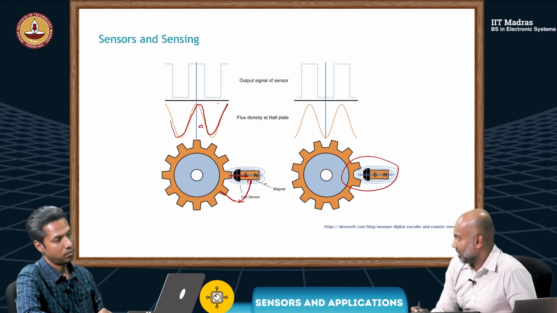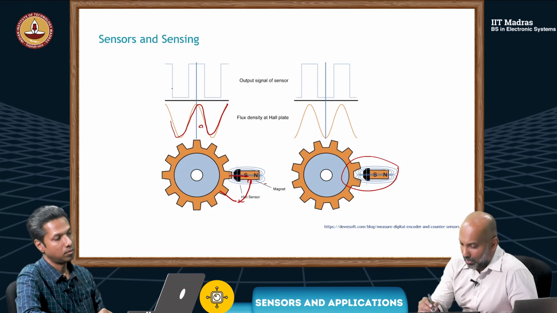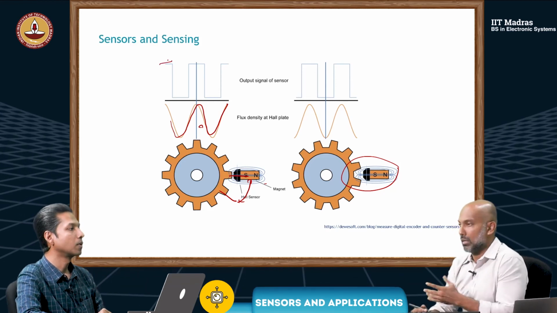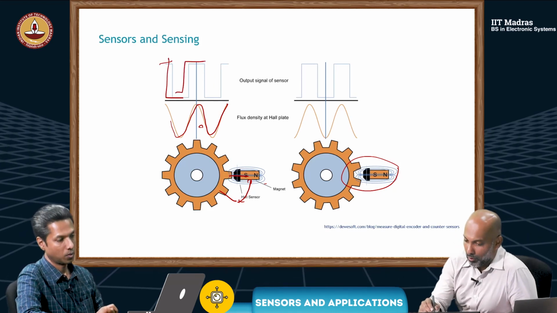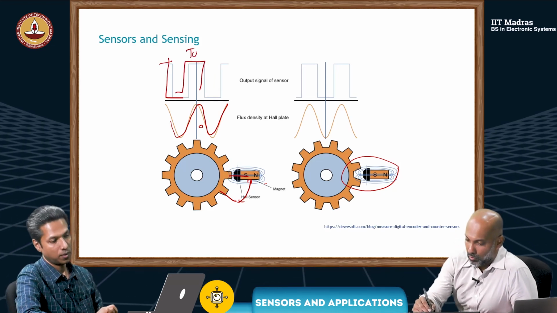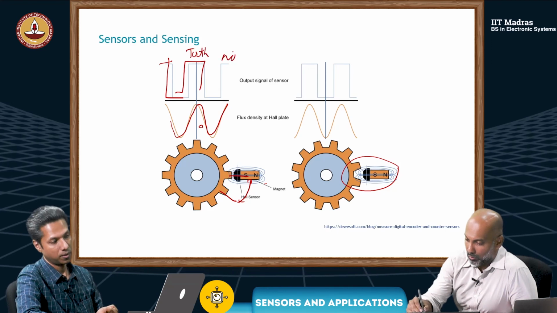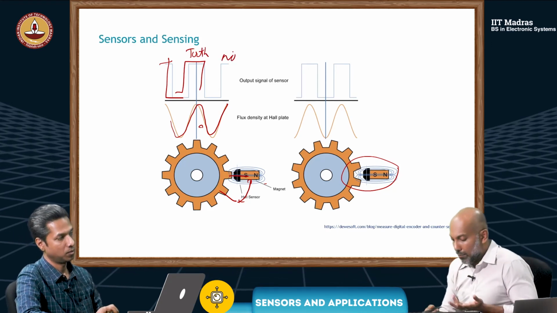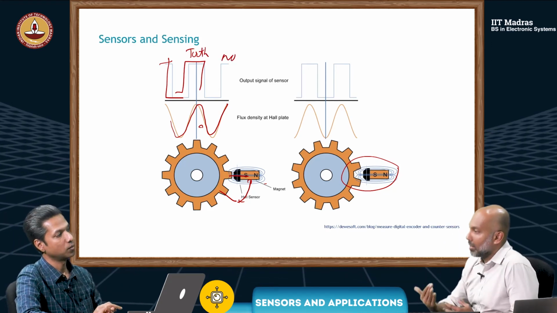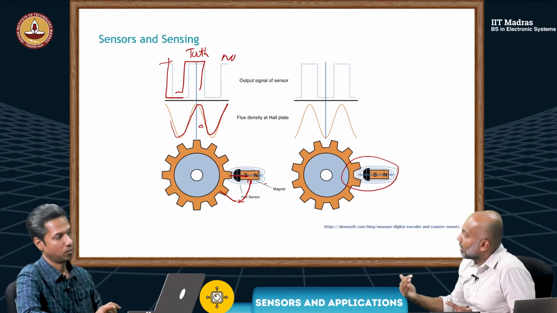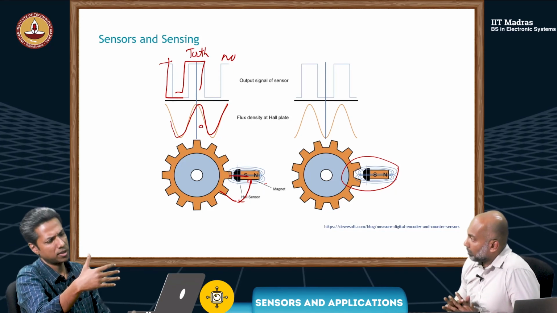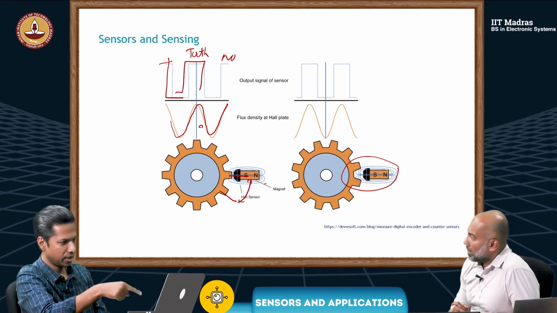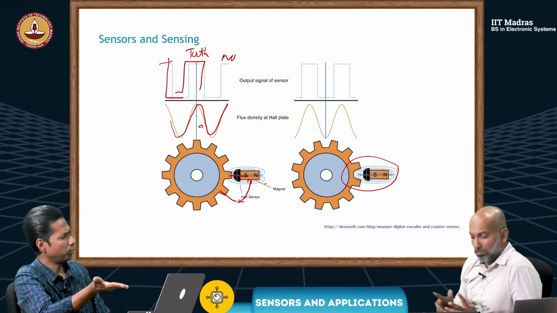However, if you have a digital sensor, you have some threshold, and then you'll see either yes or no. So here you have your tooth and no tooth. If you're interested in very smooth transitions, then you're better off having an analog output. If you just want to measure the speed, the digital output may be fine.